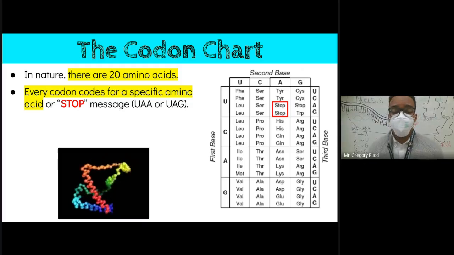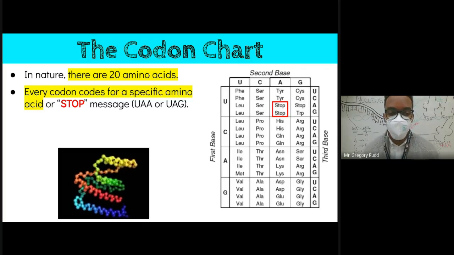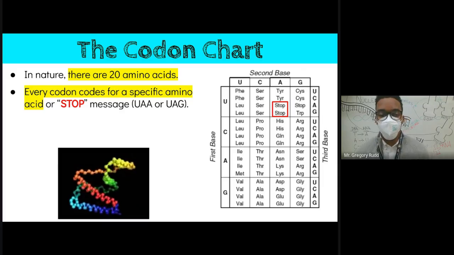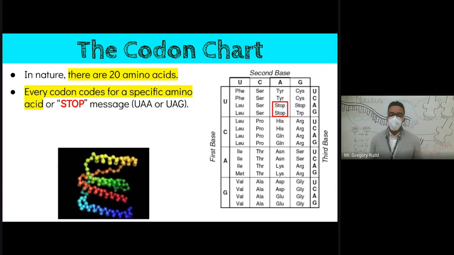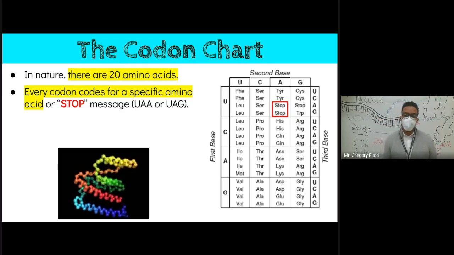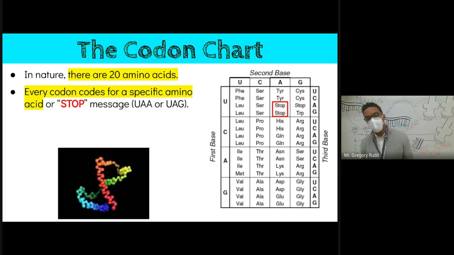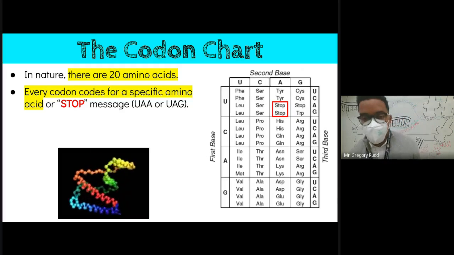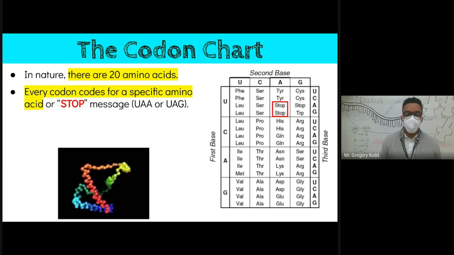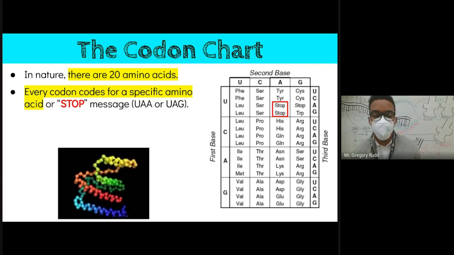So in nature, there are 20 amino acids. And again, the amino acid is the monomer of a protein. These amino acids have different chemical properties. They have slightly different shapes and slightly different sizes.